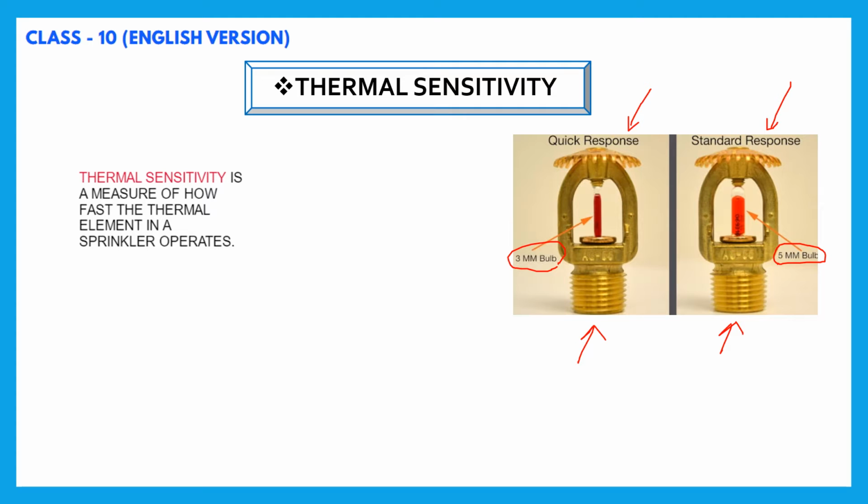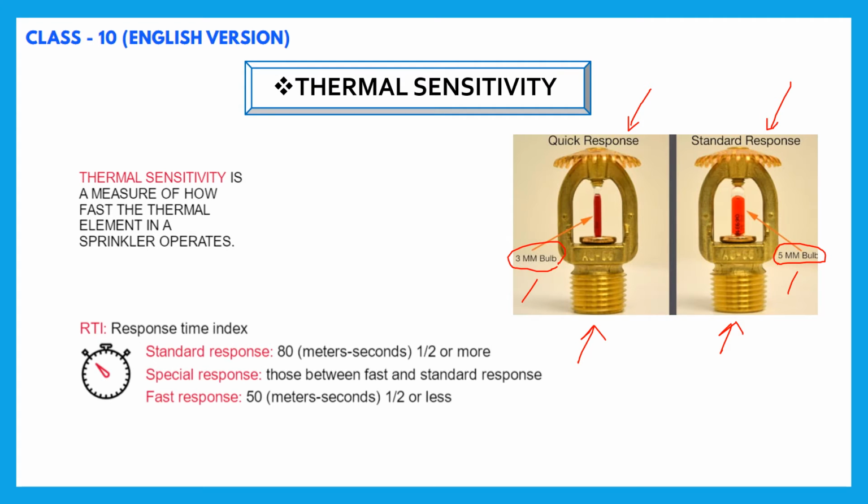Okay, so the thermal sensitivity, as you can see on your screen, measures how fast the thermal element operates. Here the thermal element is a 5 mm bulb in standard response and a 3 mm bulb in quick response. Apart from this, there is one more terminology called RTI, which is response time index.